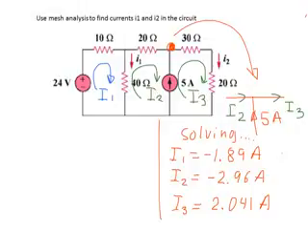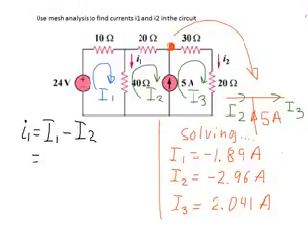And once we found all three mesh currents, we can finish the question and answer what the currents I1 and I2 in the circuit are. Looking at current I1, there are two mesh currents which contribute to its total value: mesh current I1 and mesh current I2. Looking at the direction of the current I1, we can see that the current I1 equals mesh current I1 minus mesh current I2.